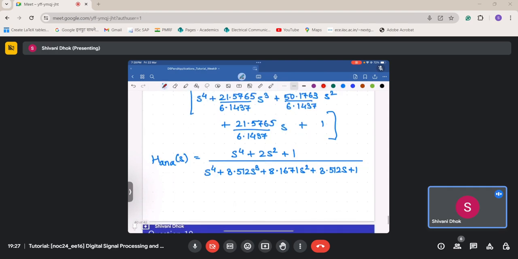So this thing here is my analog band pass filter, sorry, band stop filter.